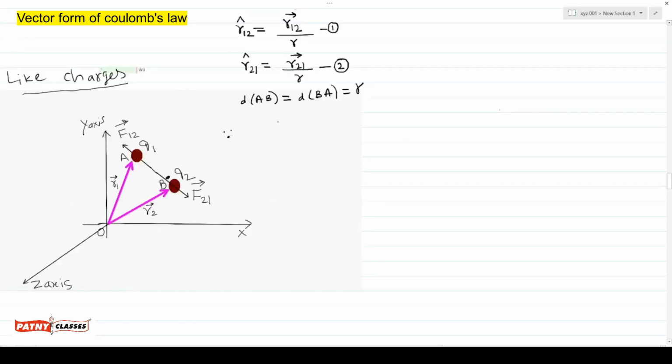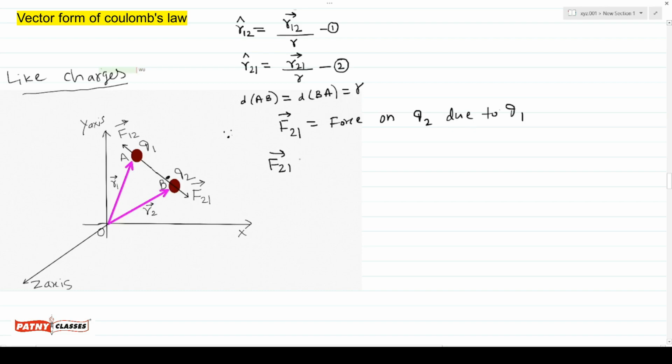First of all, we will find the expression for force F21, that is the force on Q2 due to Q1, in vector form.